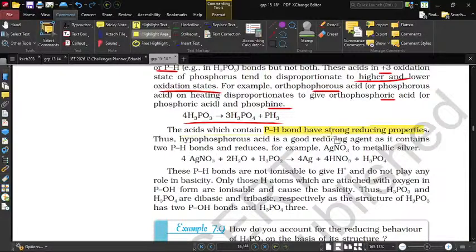These P-H bonds are non-ionizable to give H+ and do not play any role in basicity. Thus those H which are attached with oxygen in P-OH form the ionizable and cause the basicity. Thus H3PO3 and H3PO4 are dibasic and tribasic respectively, as the structure of H3PO3 has 2 P-OH and H3PO4 has 3.